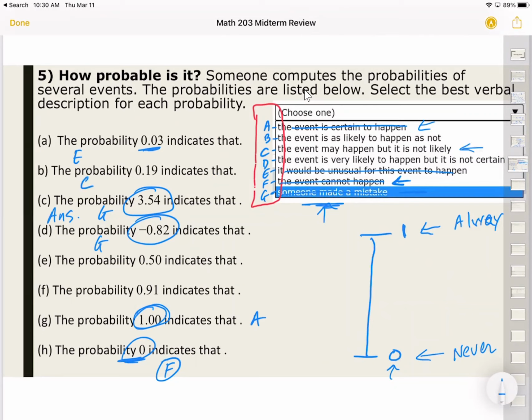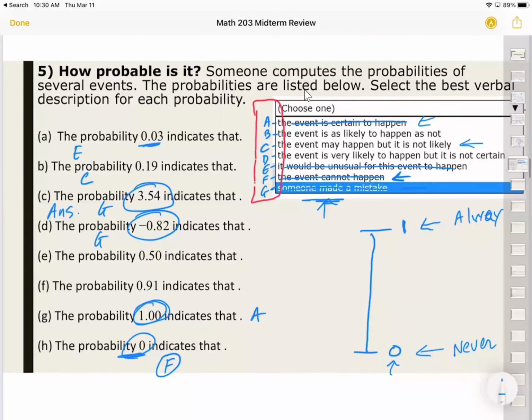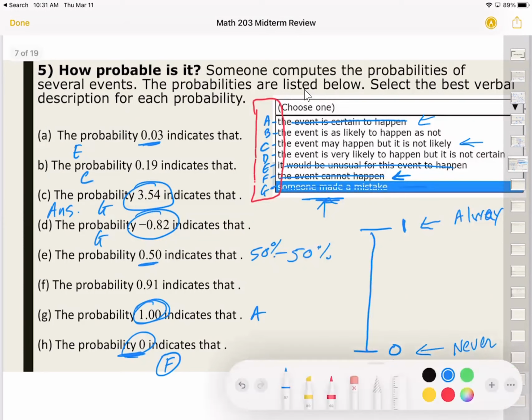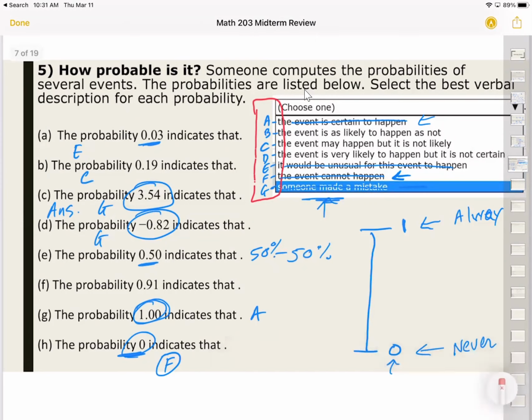And what about 0.5? Do you agree that 0.5 is 50-50, right? 0.5 means you have a 50% chance of happening and 50% of not happening. So everybody see that for E, we will choose the event is as likely to happen as not, meaning 50% happening, 50% not happening.